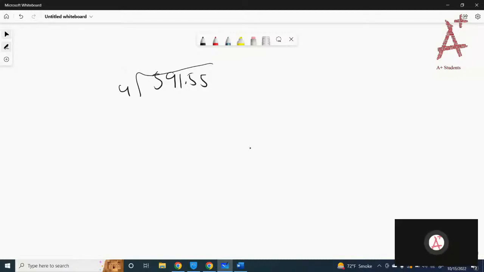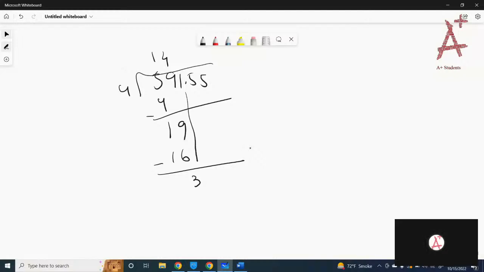Let's start the procedure. We can go for 4 times 1 is 4. 5 subtract 4 is 1. Bring the 9 down. So you have to count 4 till 19. 4 times 4 is 16. 19 subtract 16 is 3 and bring the next digit down. So you have to count the table of 4 until 31 or a number that is less than 31. So 4 times 7 is 28.